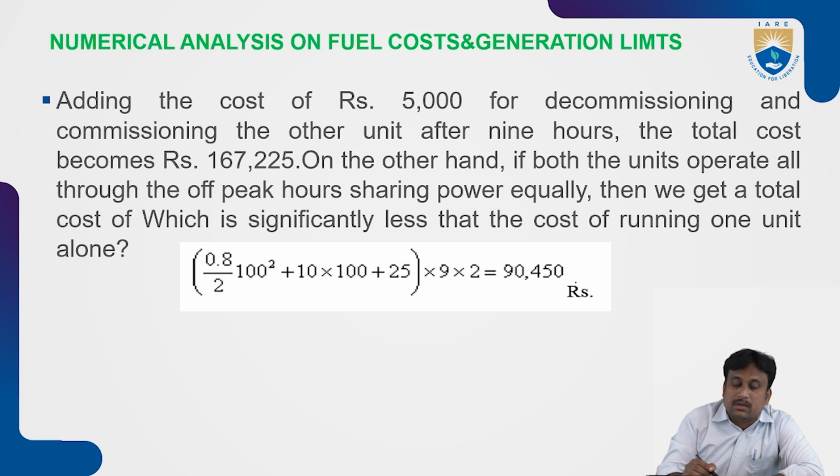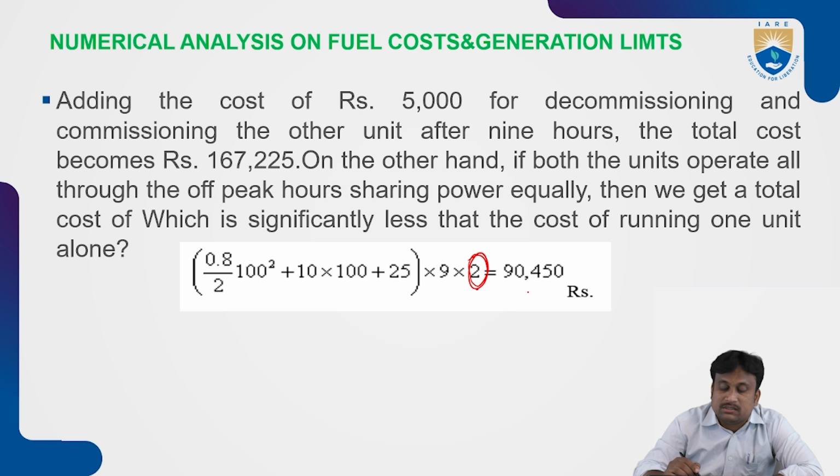So adding the cost of 5,000 significantly, for running 2 units, the cost may be 90,450.